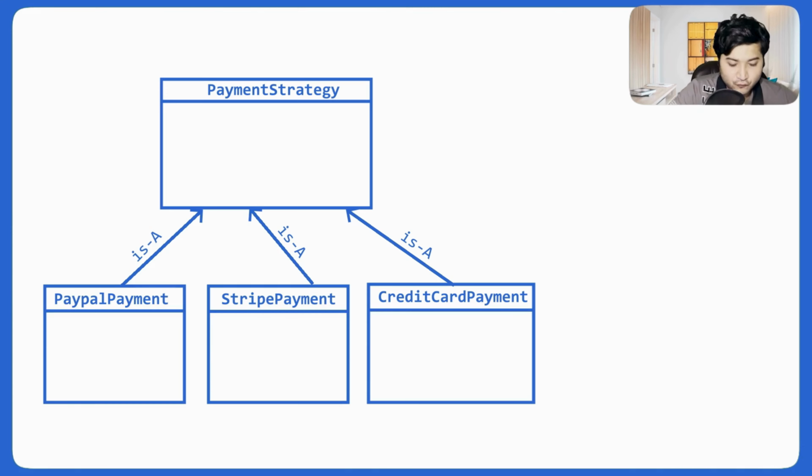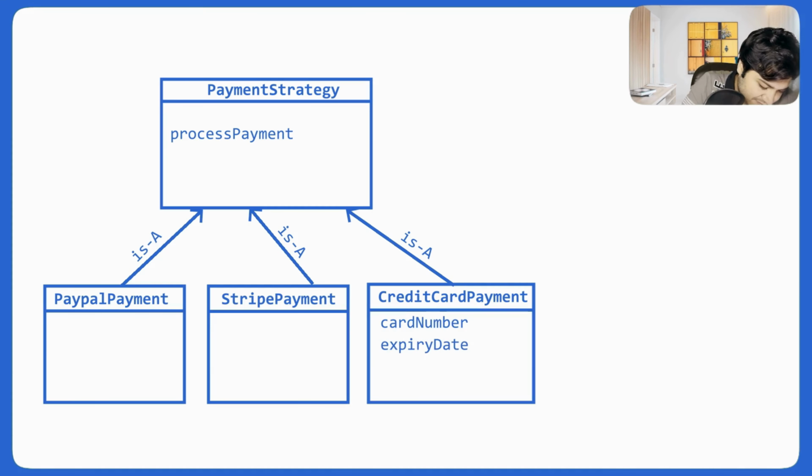Since all of them would have a function of processing the payment, we can make a function processPayment. PayPal payment would take different arguments, Stripe payment would take different arguments, credit card payment would take different arguments. That's why we are keeping processPayment. For credit card payment, we can have card number as a data member, expiry date of the card as another data member, and the third one could be CVV.